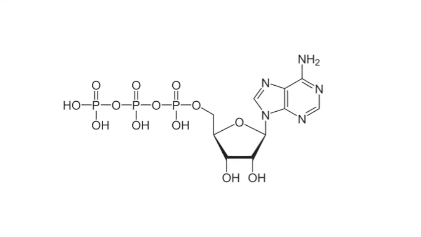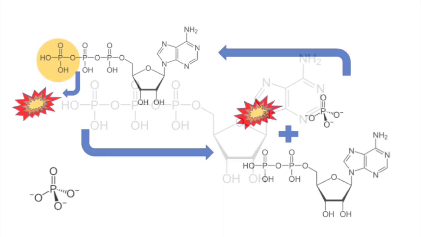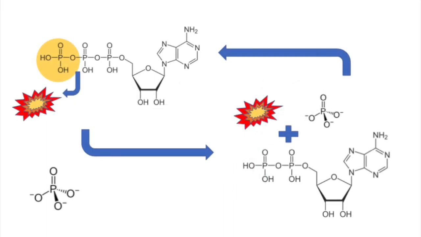Now, this may seem not particularly remarkable in and of itself, but because of the way ATP is structured, that final phosphate can be added and subtracted through other chemical reactions. So, in addition to hearing about ATP a lot, you'll also be hearing about ADP, adenosine diphosphate.